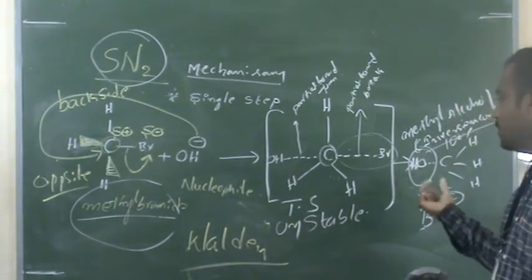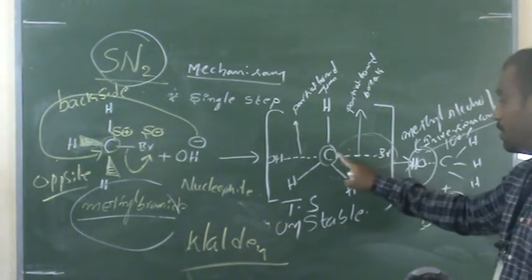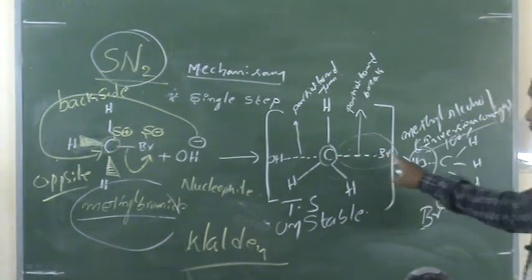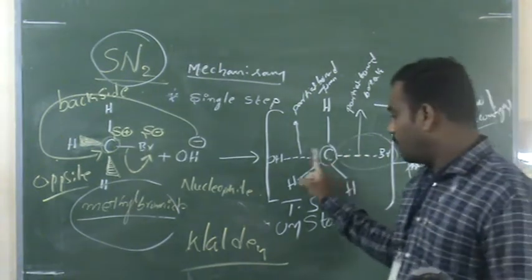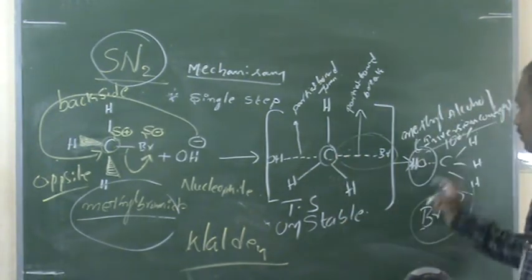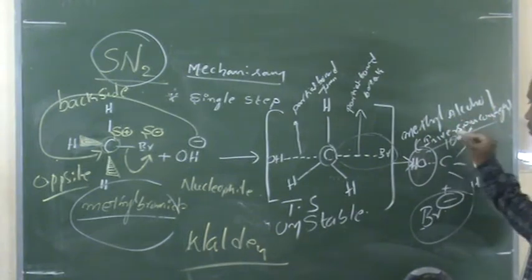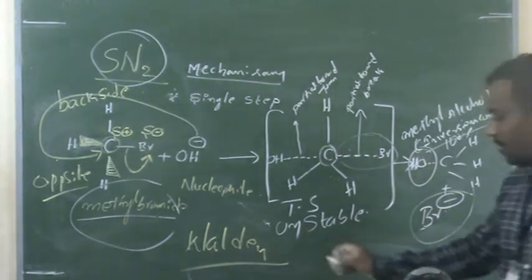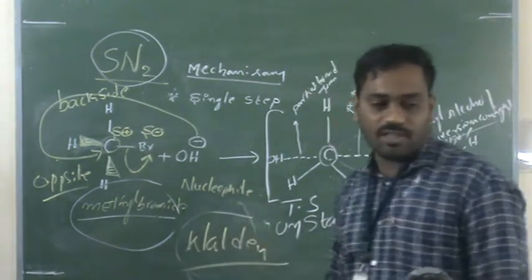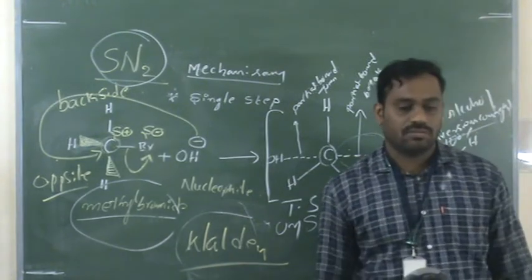Finally, there is complete bond break between the carbon and Br, the Br goes away as Br minus, and complete bond formation between the carbon and oxygen, forming methyl alcohol with inversion configuration. This was explained by Walden, that's why this configuration is called Walden configuration.